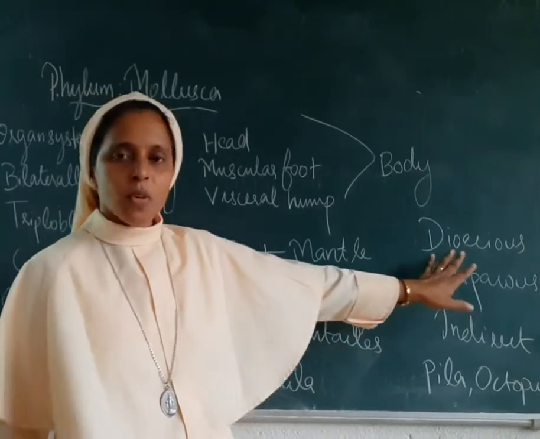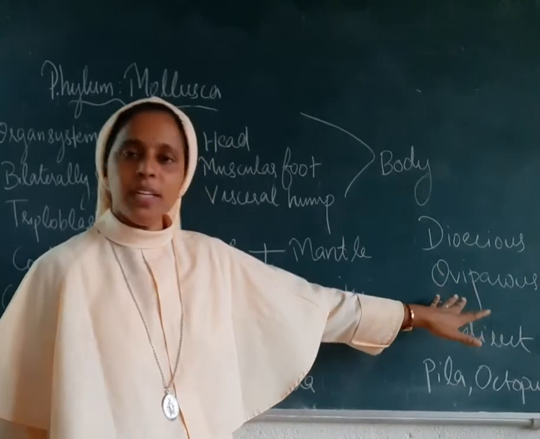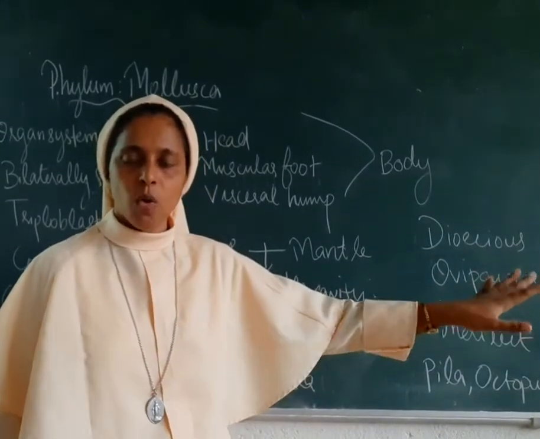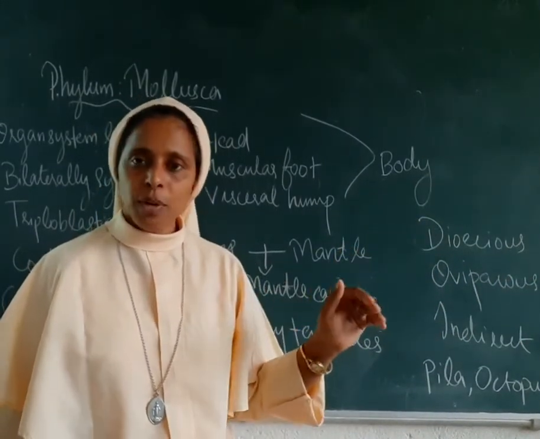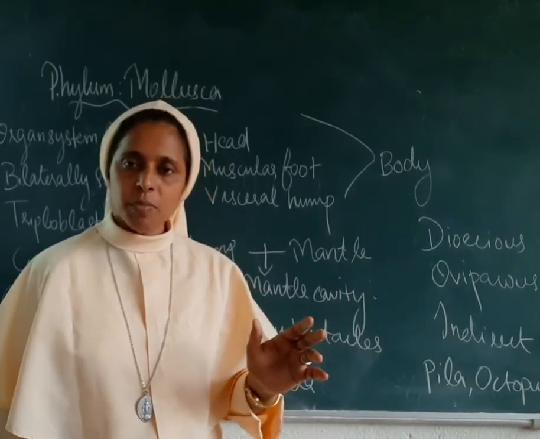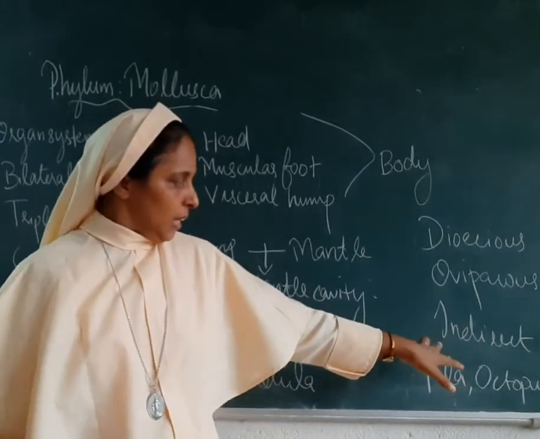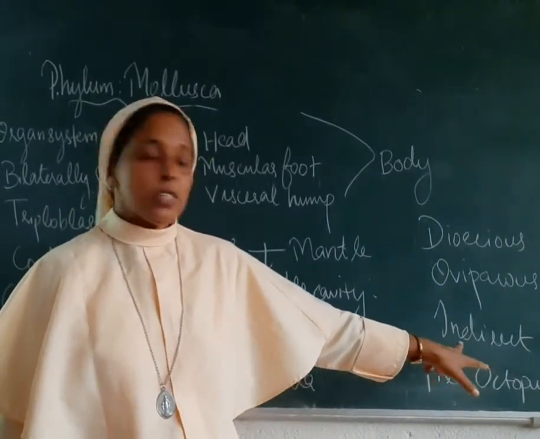This phylum is mostly dioecious, that means male and female are distinct and separate. Then they are oviparous. I explained in phylum Arthropoda the meaning of oviparous and viviparous. Oviparous means egg laying animals. And here the development will be indirect.